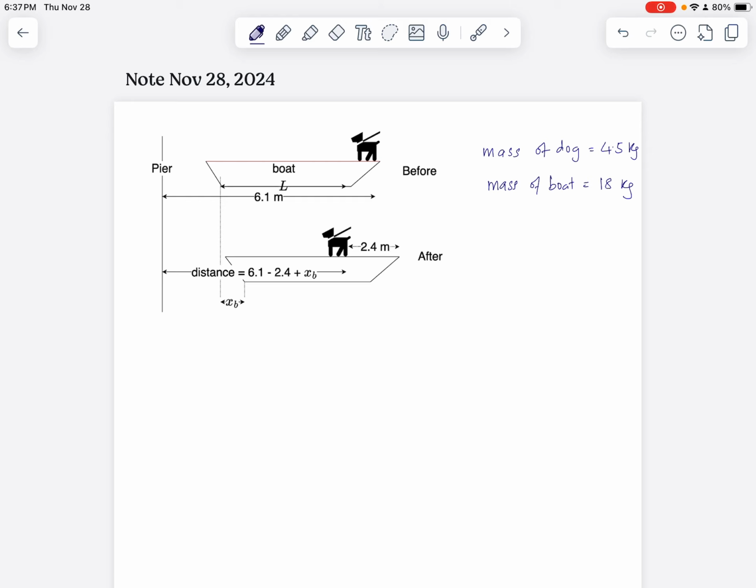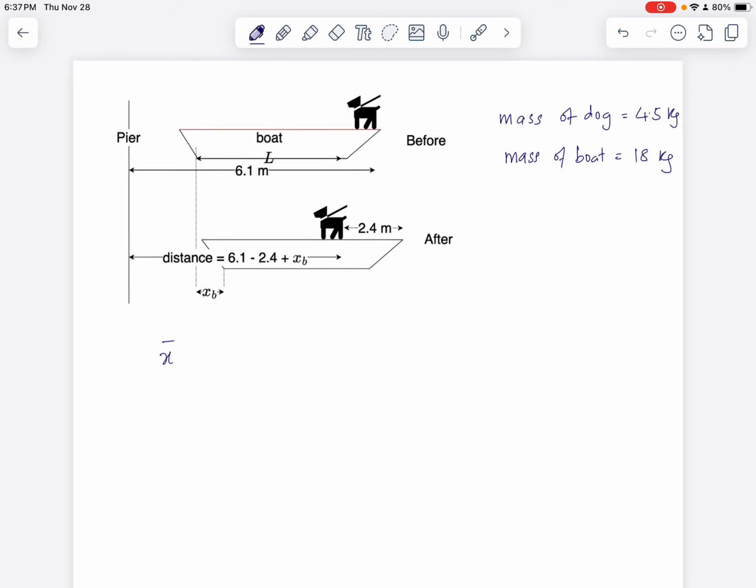Now to find the position of the center of mass before, we look at x, the position of the center of mass.